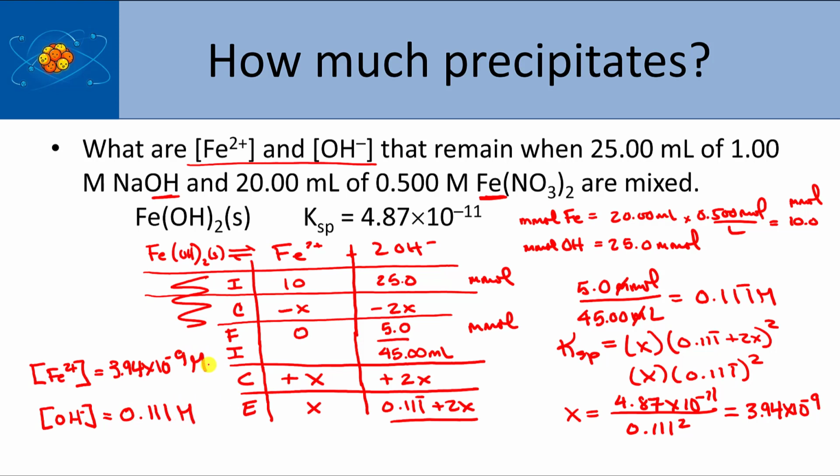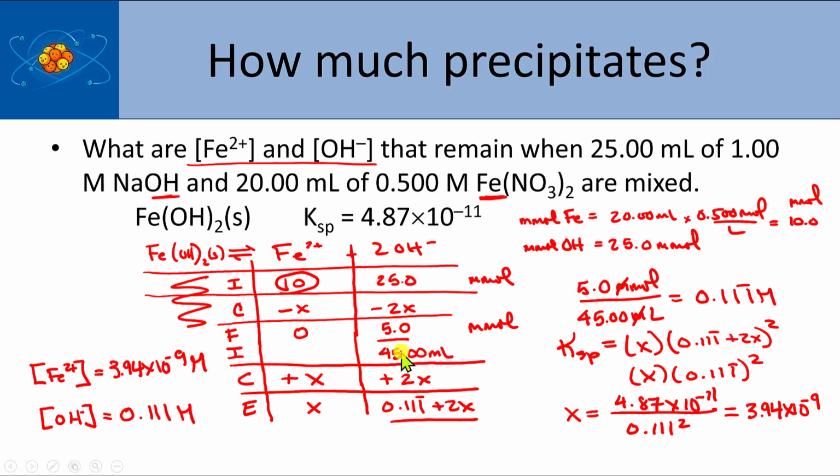Now the question is, how much precipitated? I didn't ask that, but I should have. Basically, this much is precipitating up here. All of that is precipitating. So you have 10 millimoles of precipitate that comes out, because really what dissolves back is almost nothing.